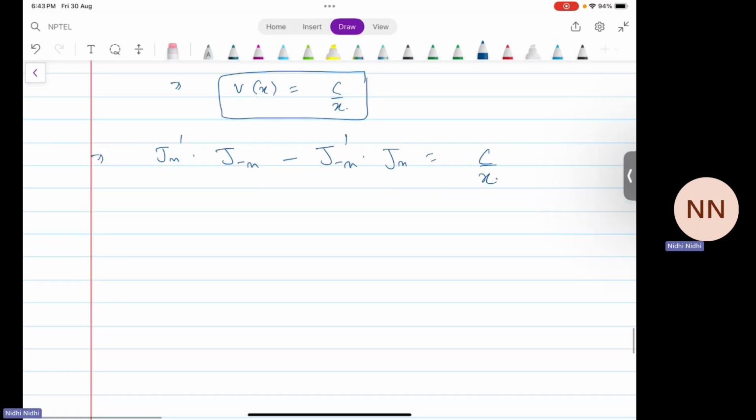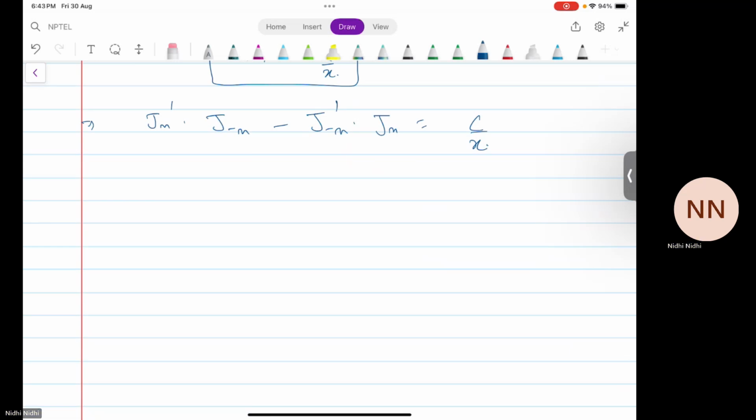So now we know that J_n(x) is equal to the summation over r from 0 to infinity of (-1)^r over r! Gamma(n+r+1) times (x/2)^(2r+n).